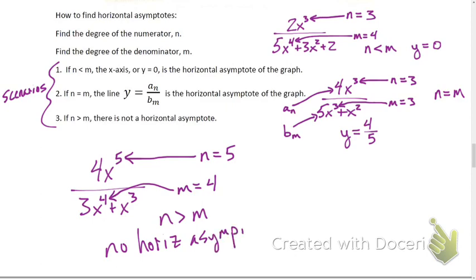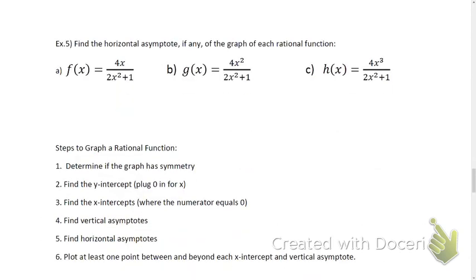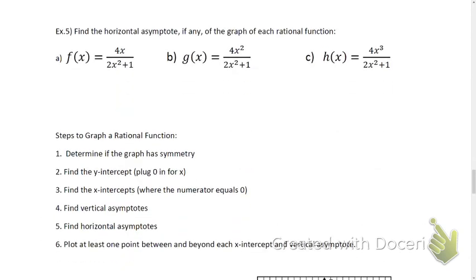All right, so let's give it a shot. We have number 5 here with 3 different examples. Maybe hit pause if you feel like you have the hang of it.